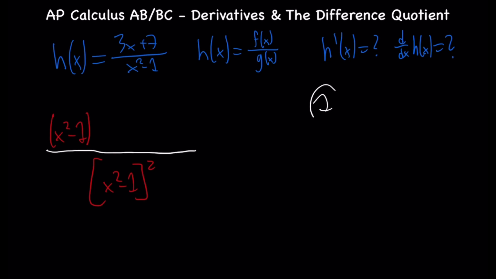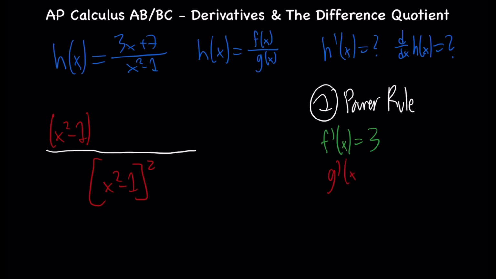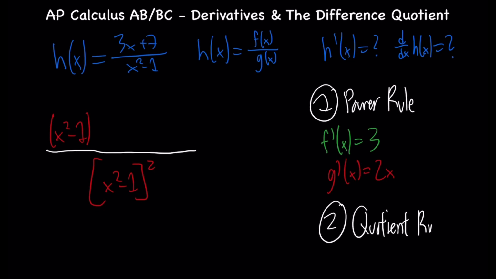First step is to apply the power rule. So when you apply the power rule, you get f prime x is equal to 3. g prime x is equal to 2x. Now we can use the quotient rule to solve for this.